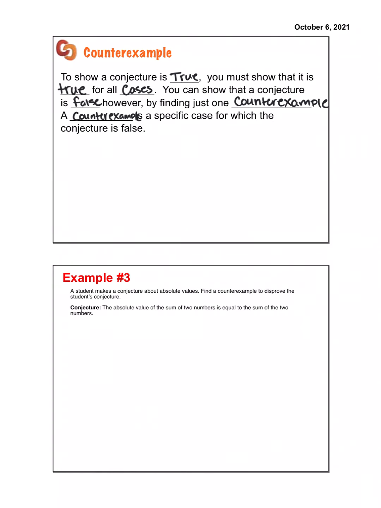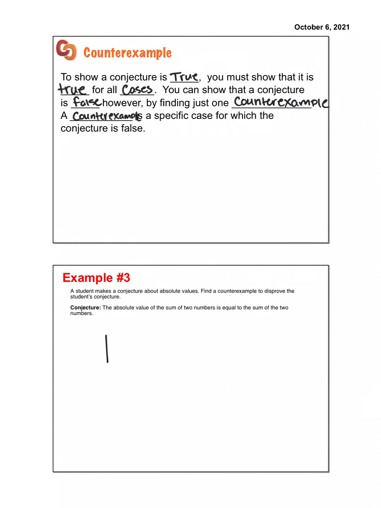So example number 3 says a student makes a conjecture about absolute values. So they noticed a pattern, or they noticed something that potentially worked. We want to find a counterexample to disprove the student's conjecture. So they said that the absolute value of the sum of 2 numbers is equal to the sum of those 2 numbers. They might have noticed this by doing specific absolute value, but we could look at an example.